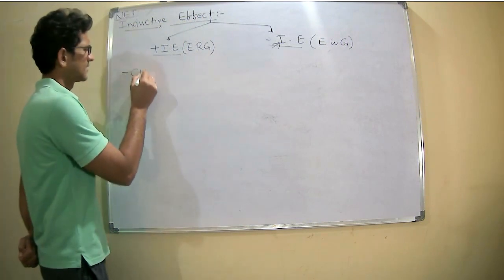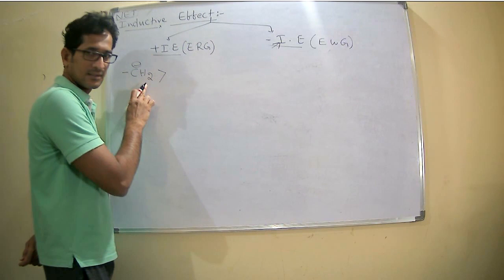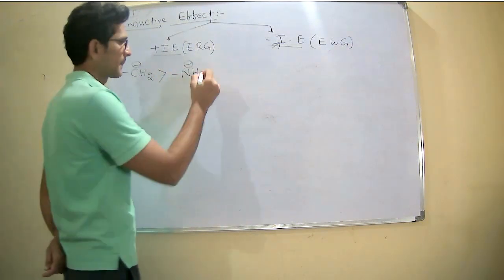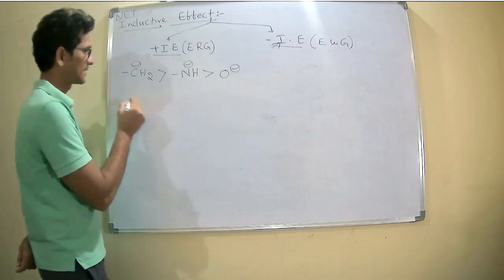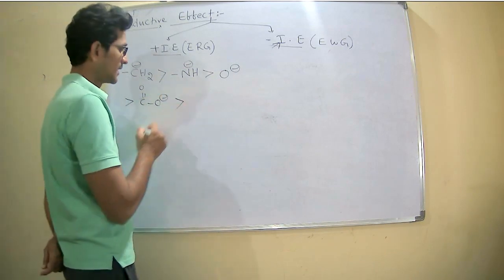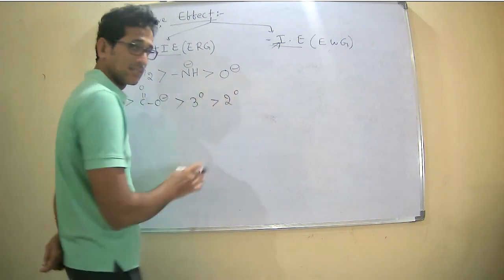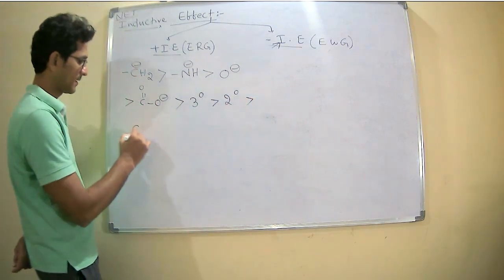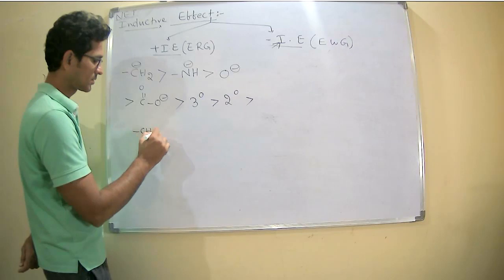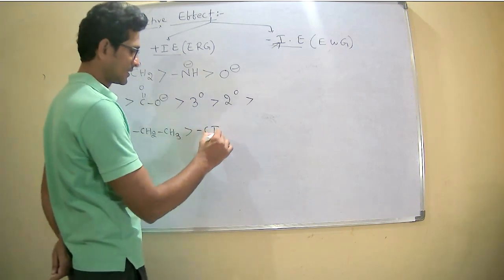See here, CH2 minus can donate more electrons than NH minus, then O minus, then COO minus, then tertiary compounds, secondary compounds, then ethyl compounds, then CT3.